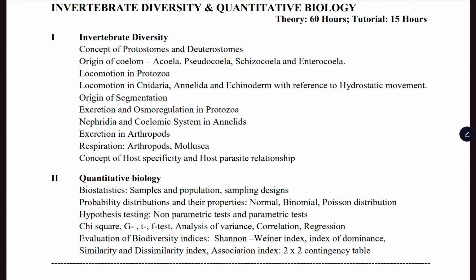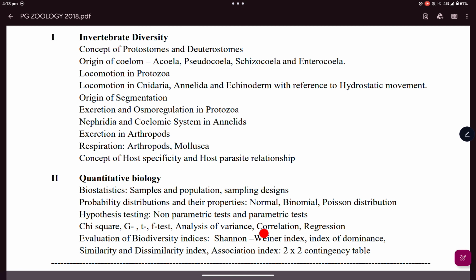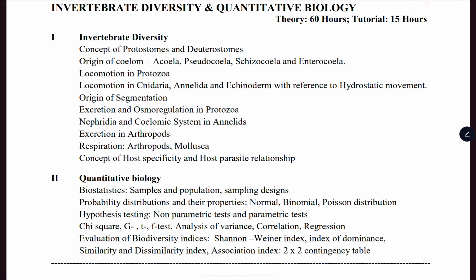Hypothesis testing: there are 2 types, non-parametric test and parametric test. Chi-square test, goodness of fit test, analysis of variance, correlation and regression. We have to study all these things. Evaluation of biodiversity indexes: Shannon-Wiener index, index of dominance, similarity and dissimilarity index, association index, 2 into 2 contingency table.